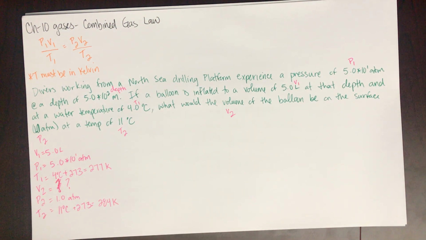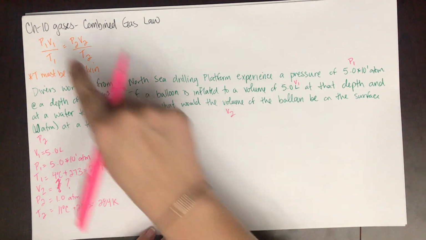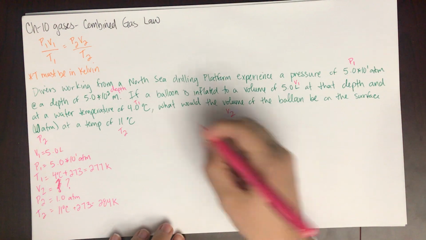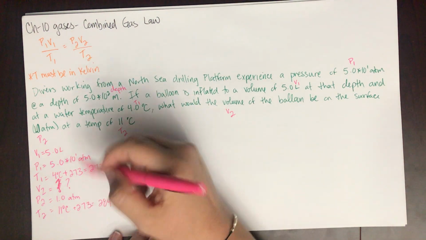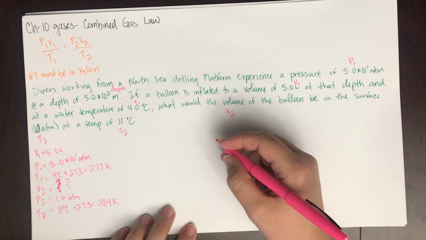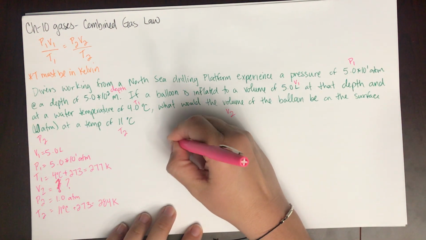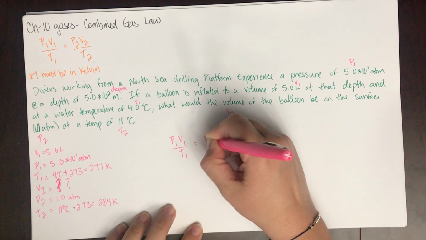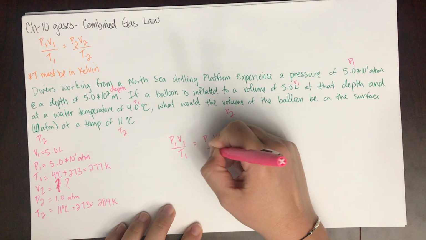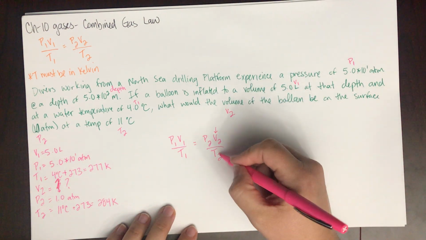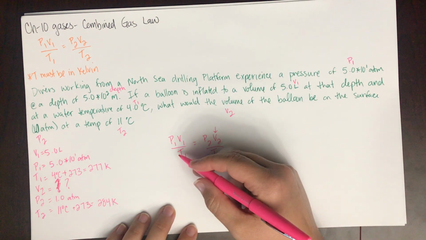So now we're just going to solve for V2. So P1 V1 over T1 equals P2 V2 over T2. So I'm going to move all of this around before I put the numbers in, just to make the calculation easier. I want to solve for V2, so I'm going to multiply both sides by T2.